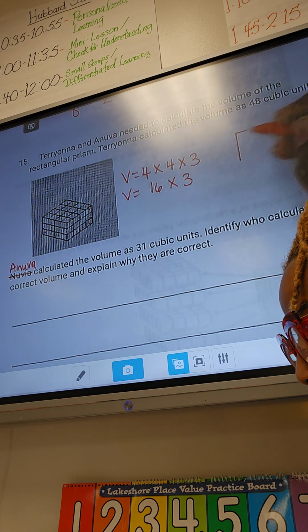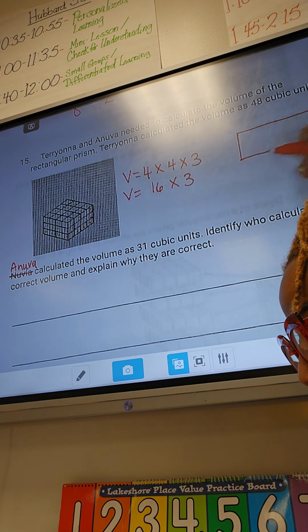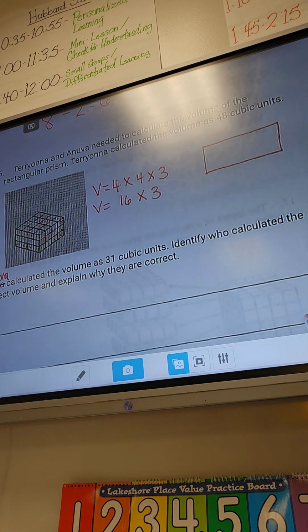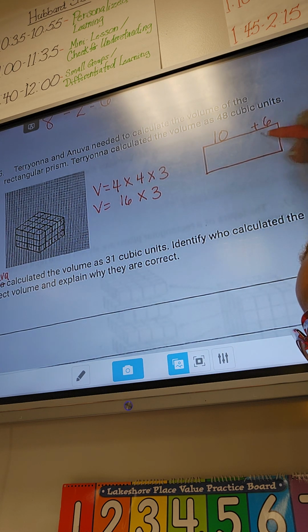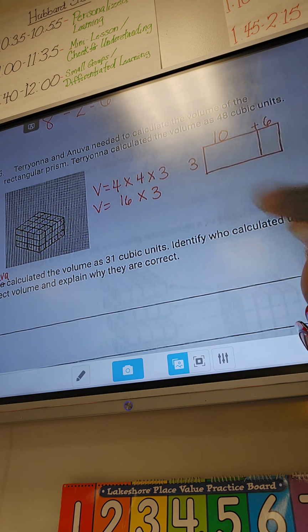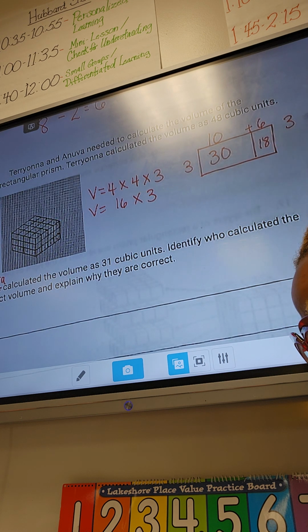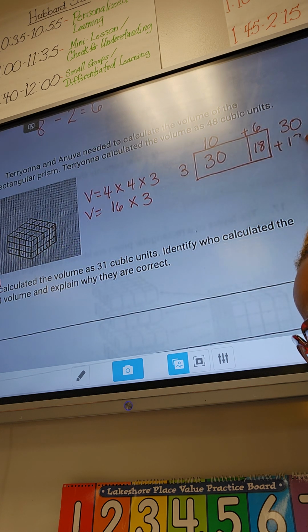A lot of people don't know their 16s, so we're going to put it in an area model to solve. 16 is 10 plus 6 times 3. 3 times 10 is 30. 3 times 6 is 18. 30 plus 18 equals 48.